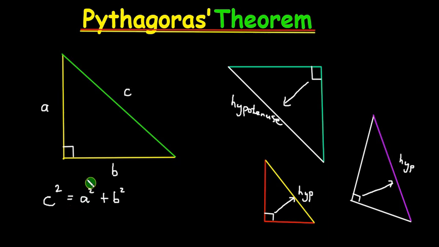And we can use Pythagoras theorem to find an unknown side of a right angle triangle given its other two sides. So we will use the plus minus method. Stay tuned because this is a very amazing method to find unknown sides of right angle triangles using Pythagoras.